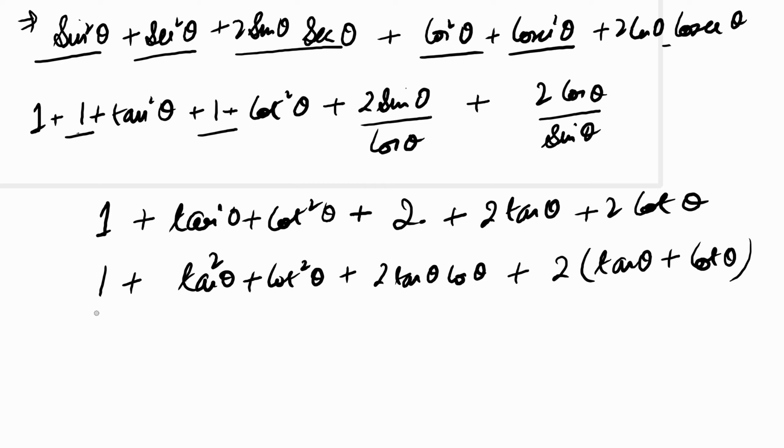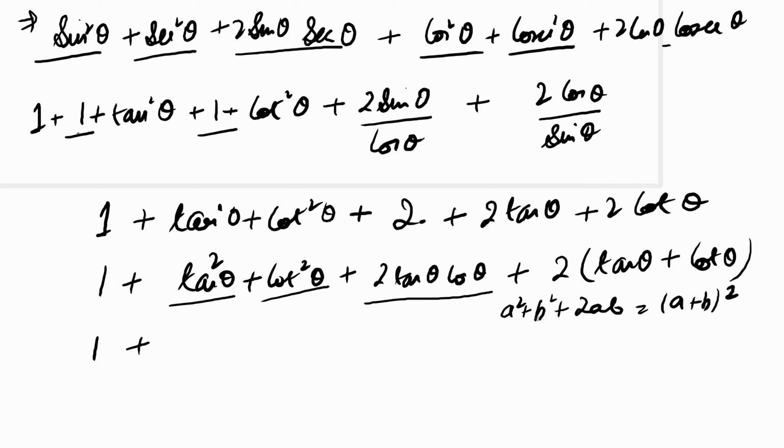Now this is a square plus b square plus 2ab, which will become a plus b whole square. Here a is tan theta, b is cot theta. So this will become tan theta plus cot theta whole square plus 2 tan theta plus cot theta.